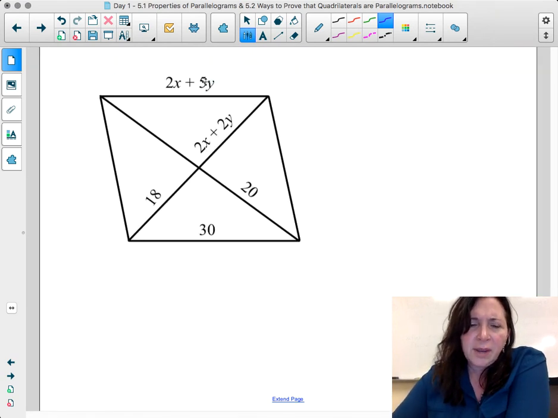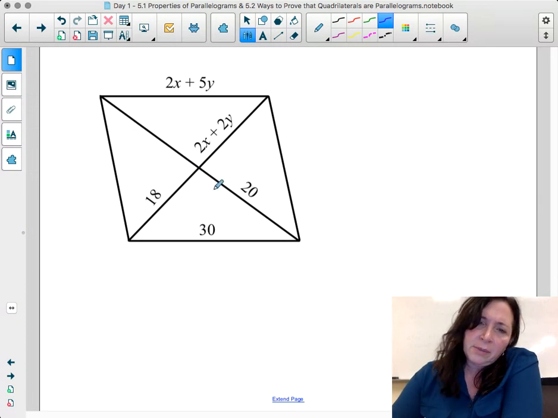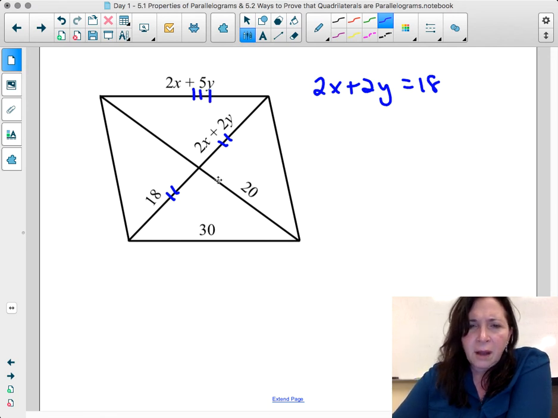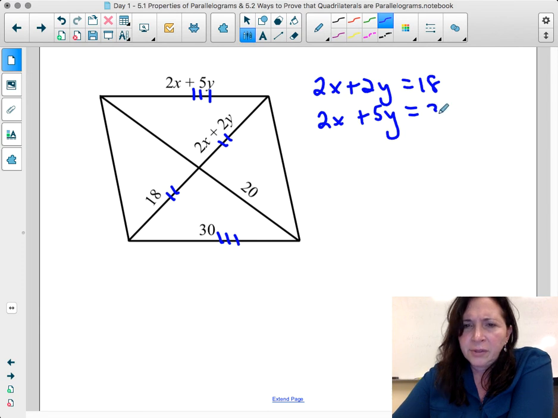And lastly, we have a problem like this that can be a little bit tricky. You know that the diagonals bisect each other, so you know that 2x plus 2y is equal to 18. You also know that opposite sides are congruent, so I also know that 2x plus 5y is equal to 30.